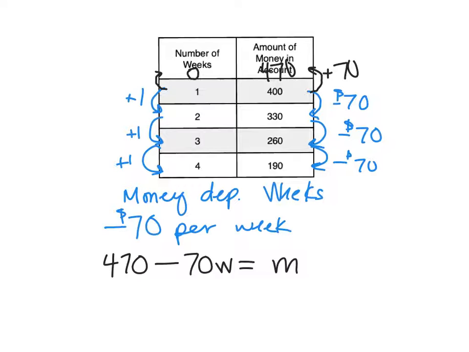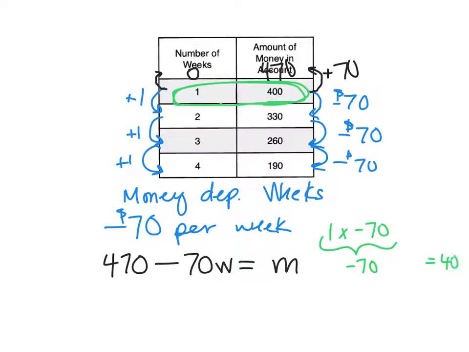Now we could solve the equation a little bit differently, similar to how we've been writing the other equations. We can think of this part of the table. So after 1 week, I've spent $70. So that makes negative 70. But my table says that I should have 400.